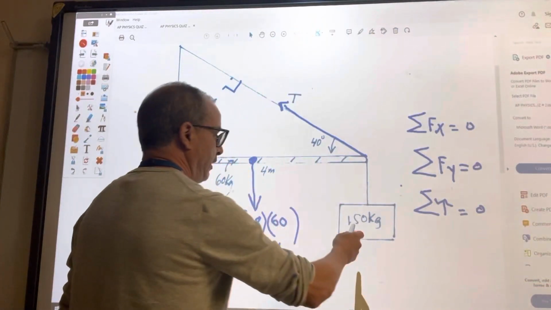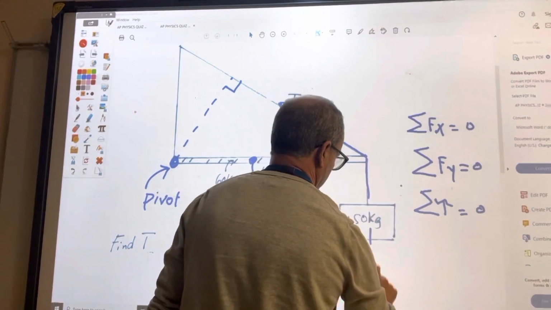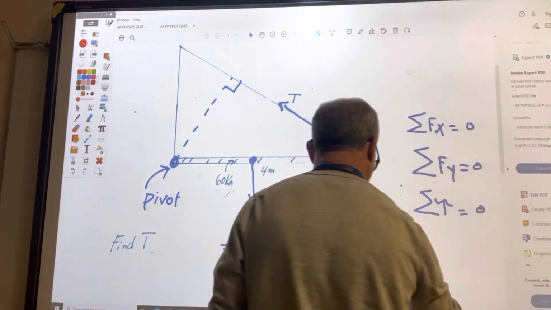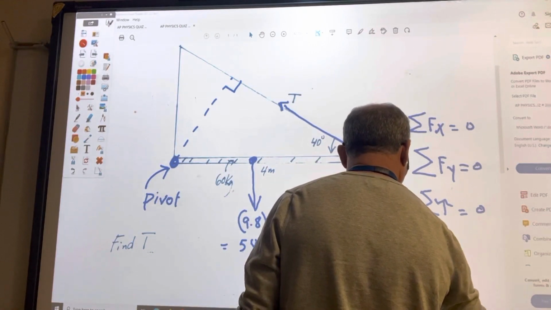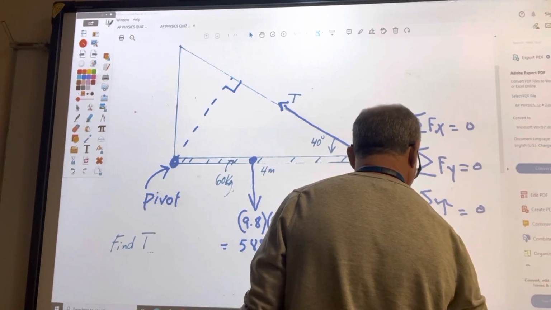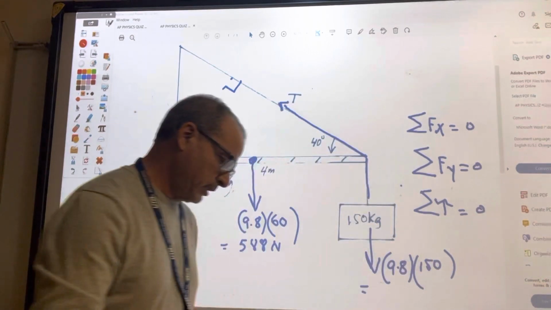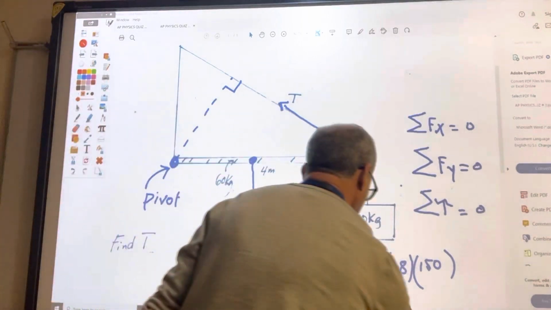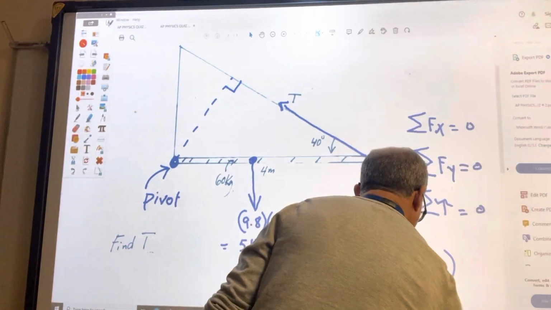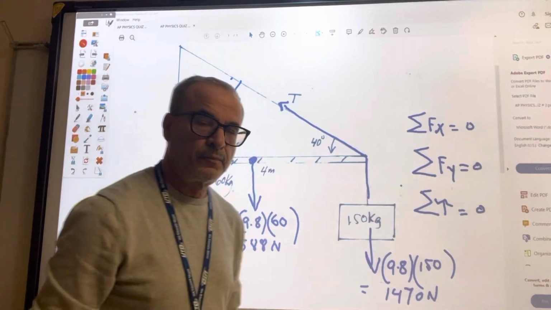The weight of the box is going to be 9.8 times 150, and that's going to be 1470 newtons.